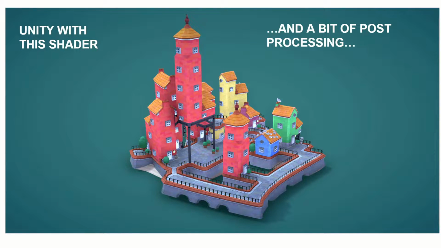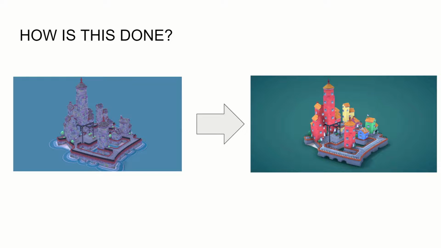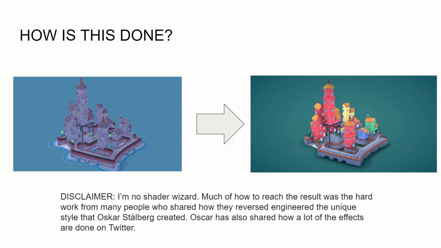To understand how we reach this point, we also need to understand what is driving this change, how the model is constructed and what methods are used. First, I need to say that I'm no shader wizard, and a lot of this has been reverse engineered by a lot of other people.